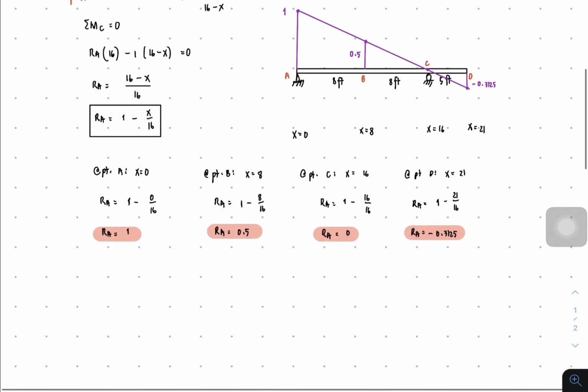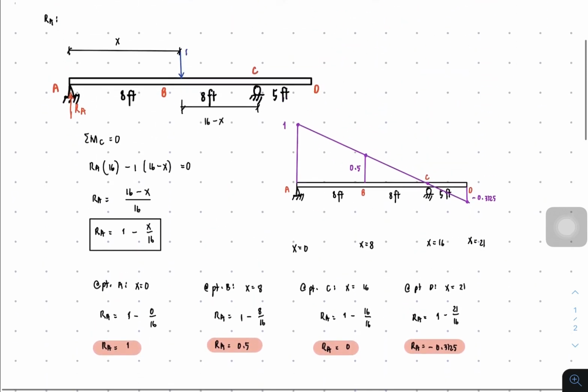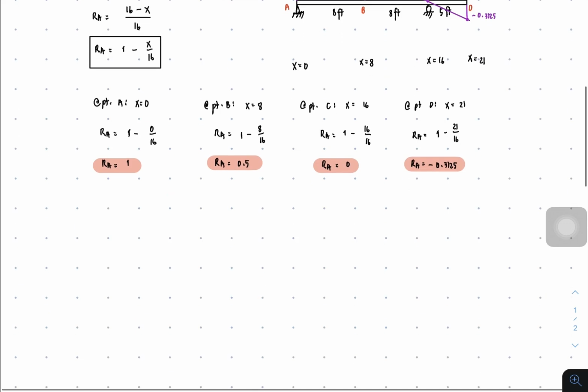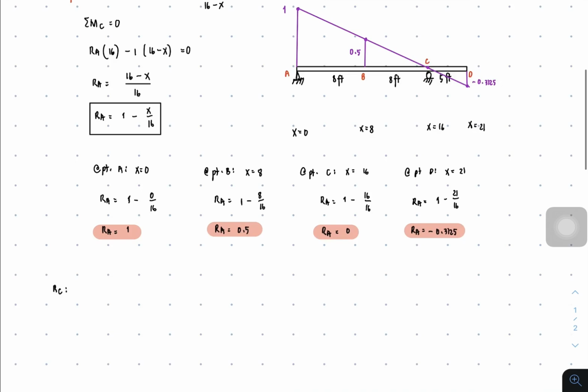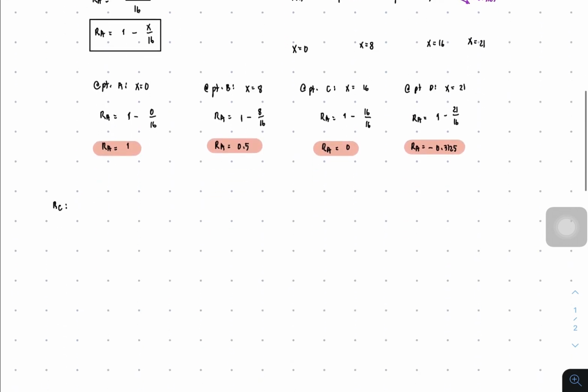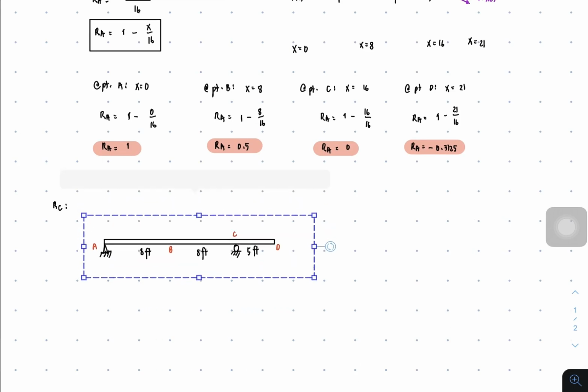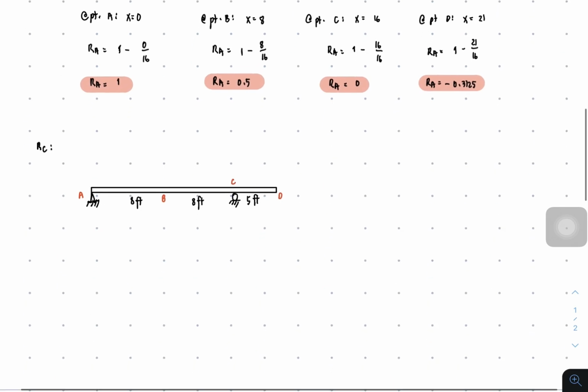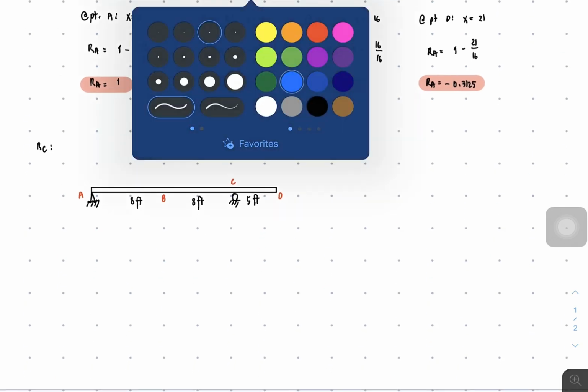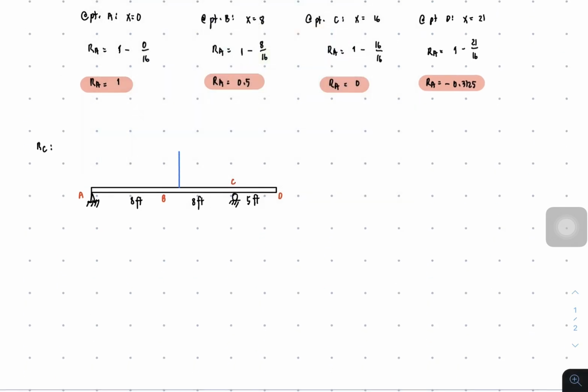Let us proceed with the influence line of RC. Okay, so for RC, the same. We will still be drawing the same figure, and then we will be placing the 1 unit load anywhere in the beam.